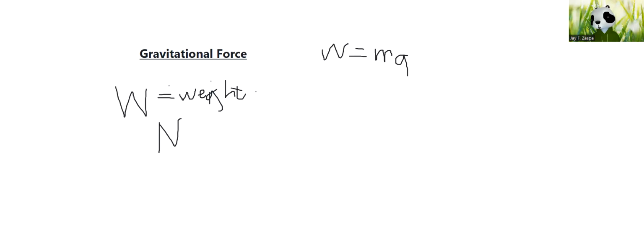And we have here the mass. The mass is in kilogram.